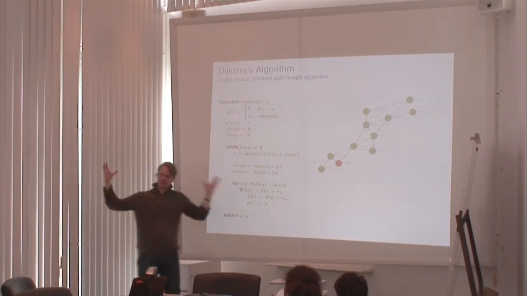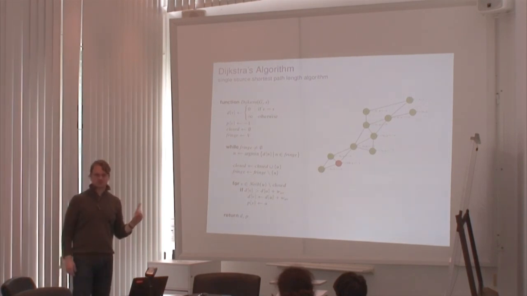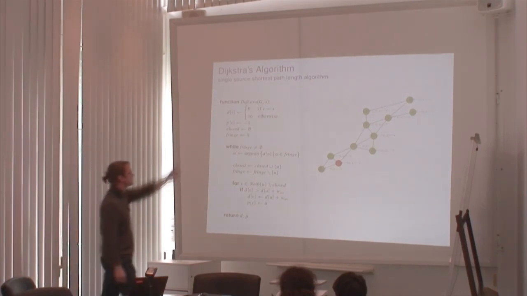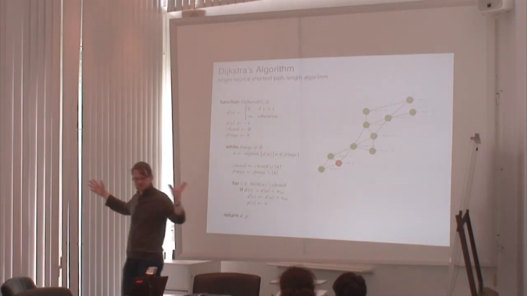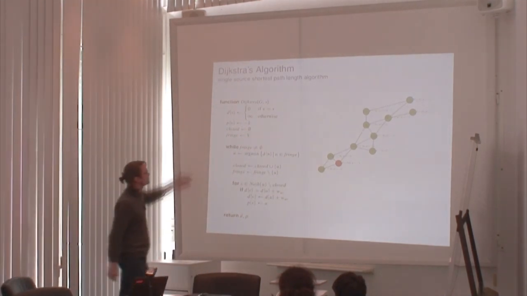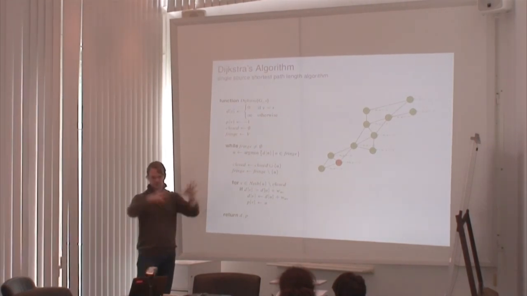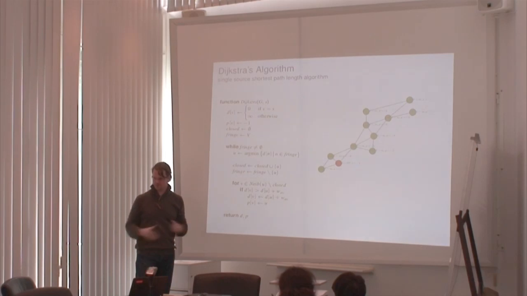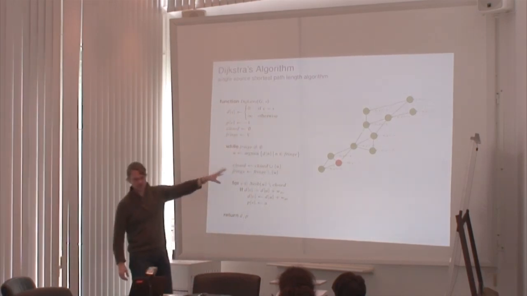Now, every node has a distance value of infinity so far, except for one node. That is the node S, the one from which we want to start computing shortest paths. So at the very first iteration of this while loop, this node U we select from the fringe, the set of all vertices of the graph, will be the node S we are starting with. In our case, node 3.